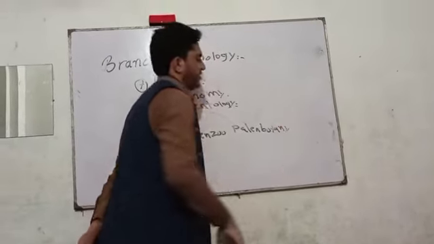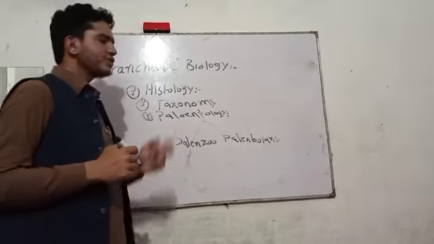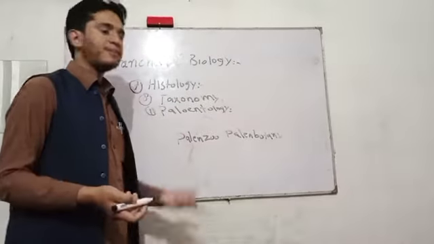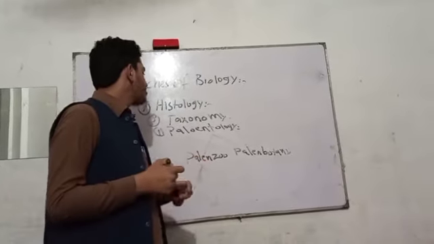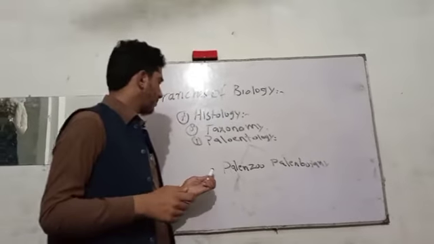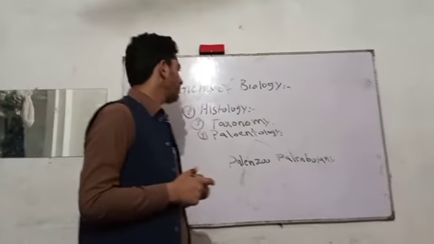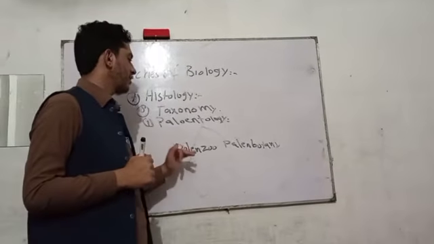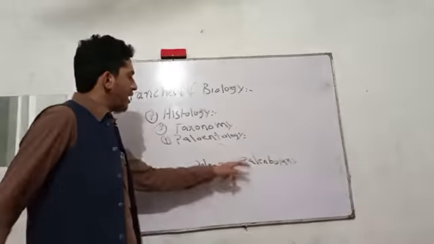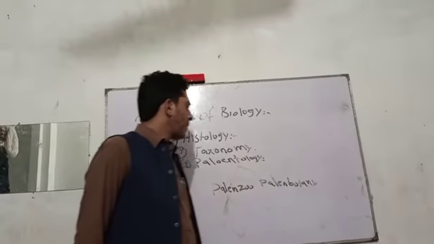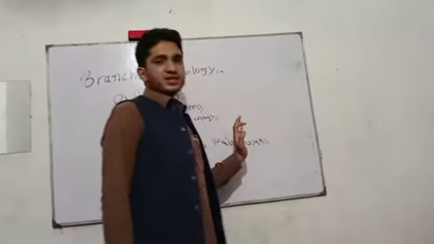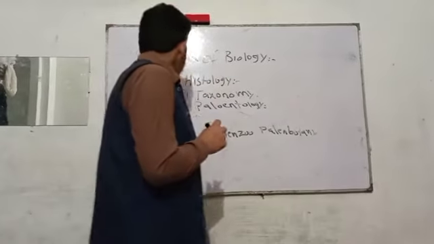As I discussed earlier, zoology is the study of animals while botany is the study of plants. So paleozoology is the branch of paleontology which deals with the study of the animal fossil record, while paleobotany is the study of the plant fossil record.